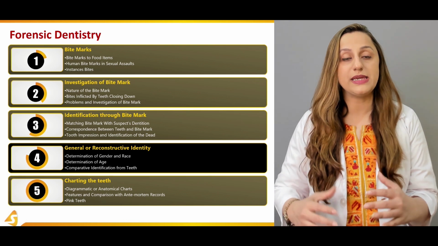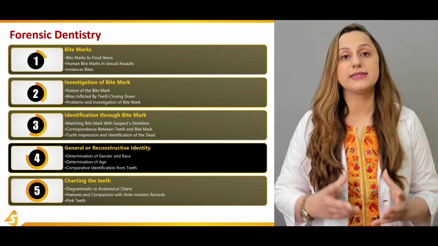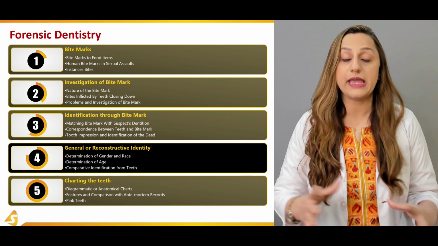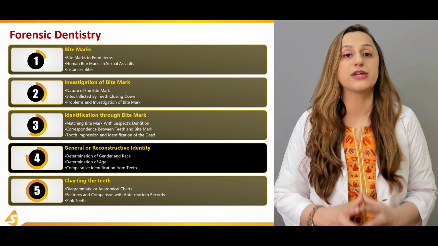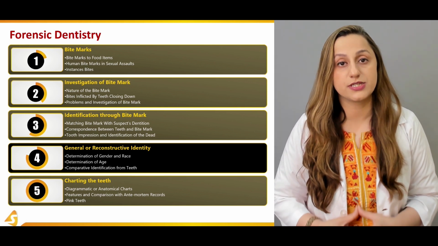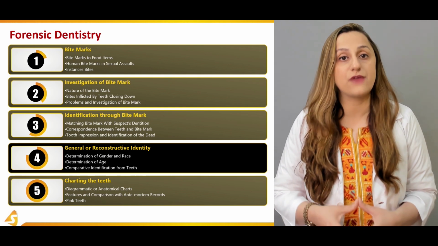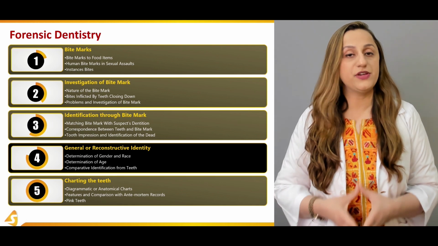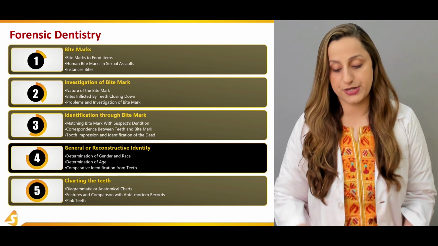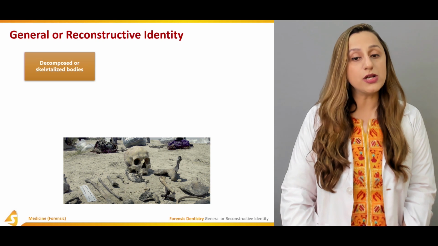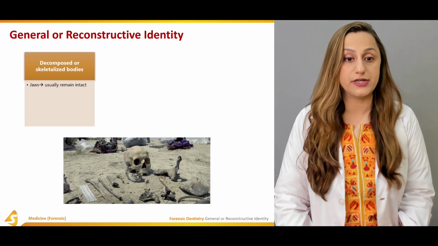It means, in a true sense, you're going to identify the person, including the name, the age, the sex, and get the complete details of the person along with it. And it is possible only in cases where previous dental records are found. So the general or the reconstructive identity is again very important.